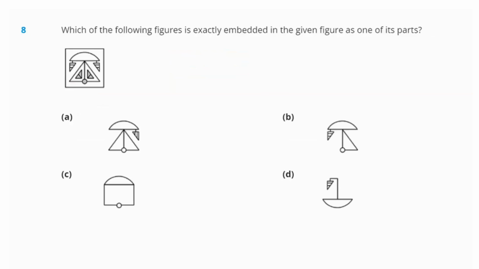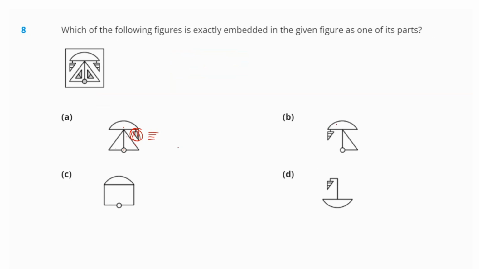Which of the following figures is exactly embedded in a given figure as one of its parts? See, this is wrong. This is a horizontal line, but here it is given vertical.